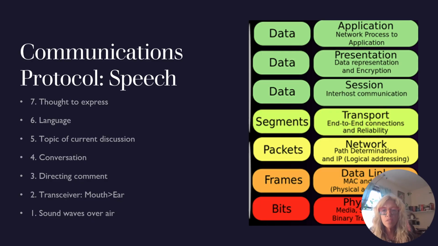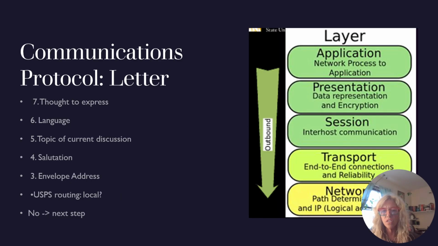This layer handles the specific application or service. In speech communication, this would be the brain or cognitive processes that interpret and formulate the message to be conveyed. For example, the brain processes thoughts and emotions, and then uses that to create a coherent message. So that's a good example to help you understand the context.